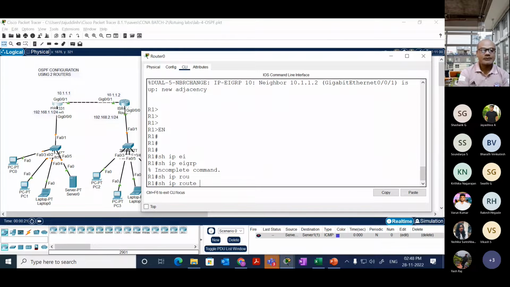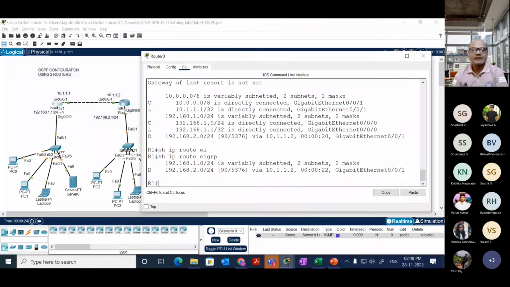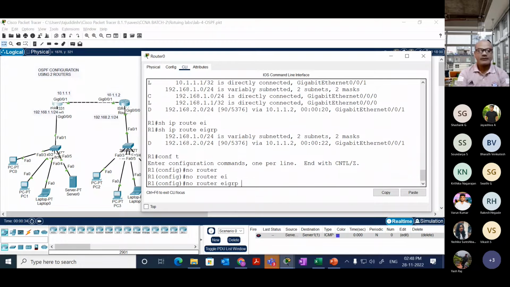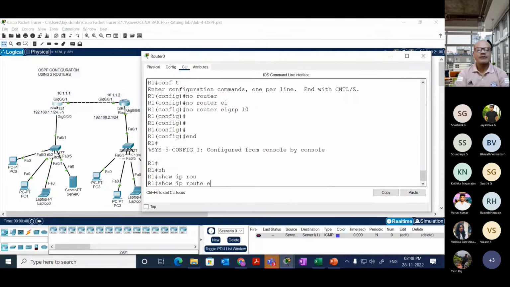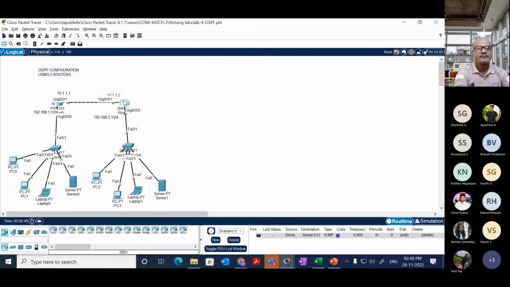Show IP route. Okay, so here EIGRP is running. How do I remove it, guys? No router EIGRP, value was 10. So it has been removed, right? Yes. Let's check this one.